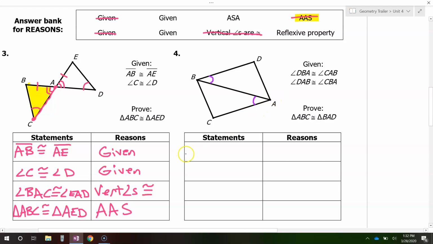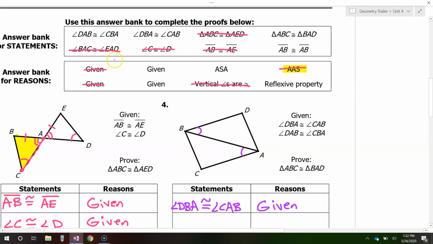All right, so let's copy that down. So angle DBA is congruent to angle CAB. And of course, that is given.